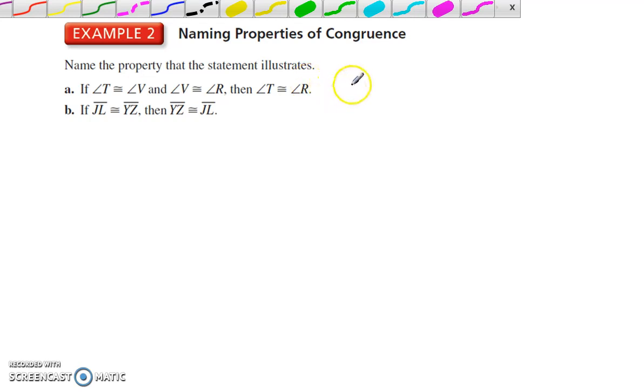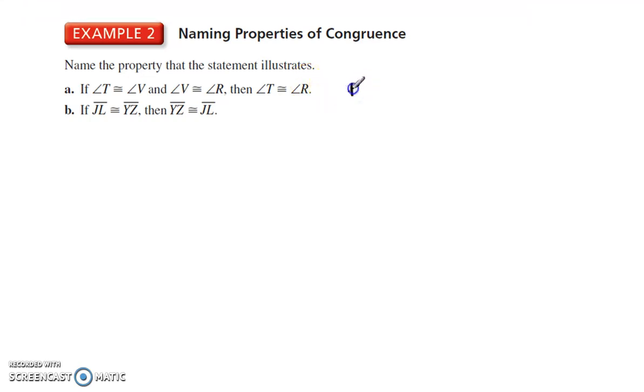That's the transitive property. Writing with a mouse here. Transitive property of angle congruence. There we go.